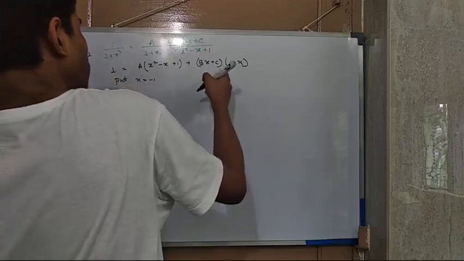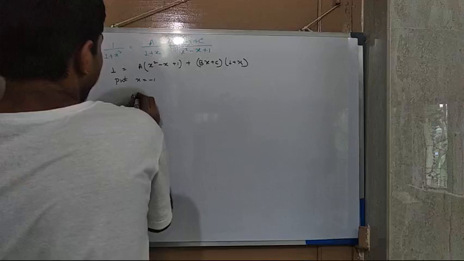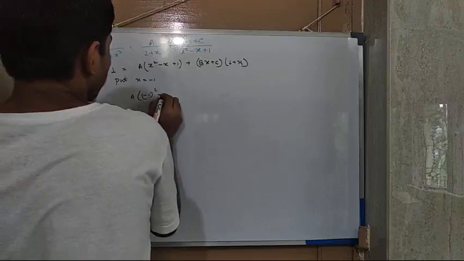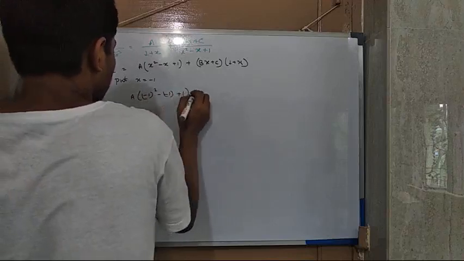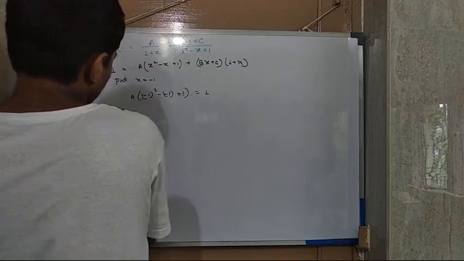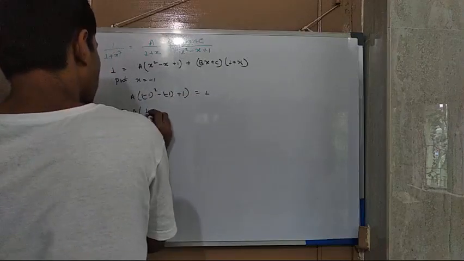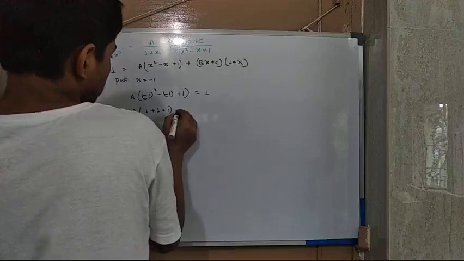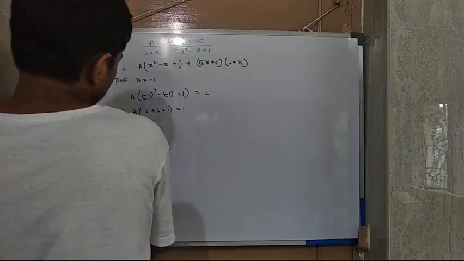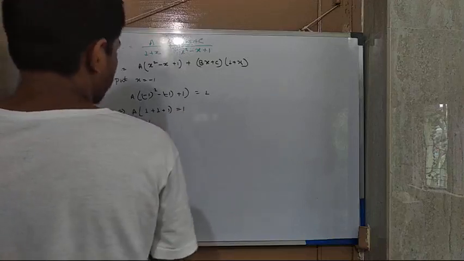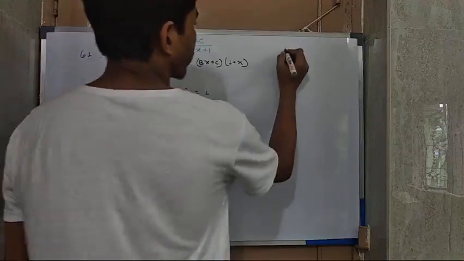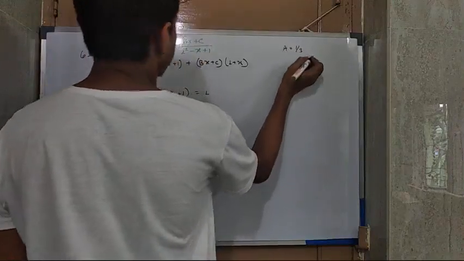This term will become 0. So a times minus 1 squared minus of minus 1 plus 1 is equal to 1, which is a times 1 plus 1 plus 1 equals 1. So a is equal to 1/3.